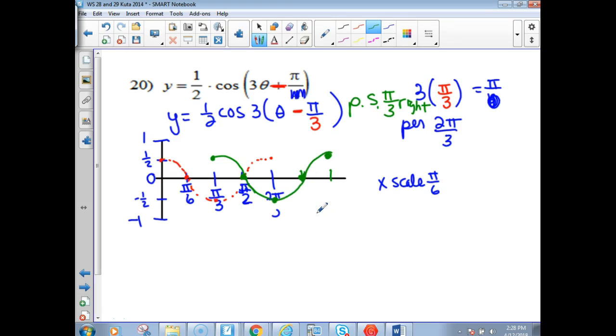There we go. So the key points: pi over 3, 1/2. Pi over 2, 0. Then, what was that? I forgot. 1 pi over 6, 2 pi over 6, 3 pi over 6, 4 pi over 6, which is 2 pi over 3.